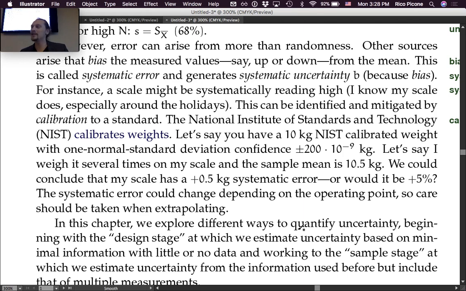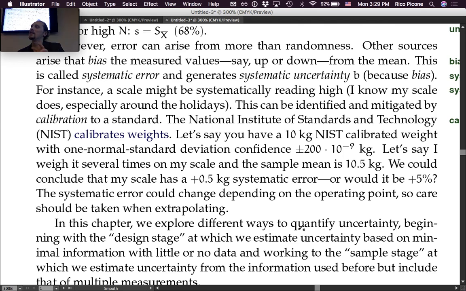So that question brings up an important point when we talk about bias. The systematic error could change depending on the operating point, so care should be taken when extrapolating. So it might be 0.5 kilograms at 10 kilograms, but at 20 kilograms it might be, say, 1 kilogram, and maybe it's proportional. Or maybe it's not proportional either. Maybe it's some other function. So we can really only have confidence when we're near the place that we have calibrated, right?